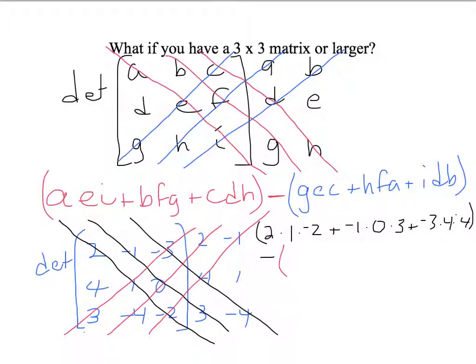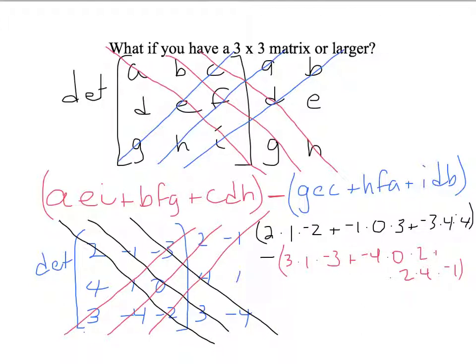So minus 3 times 1 times -3 plus -4 times 0 times -2, excuse me, plus -2 times 4 times -1.